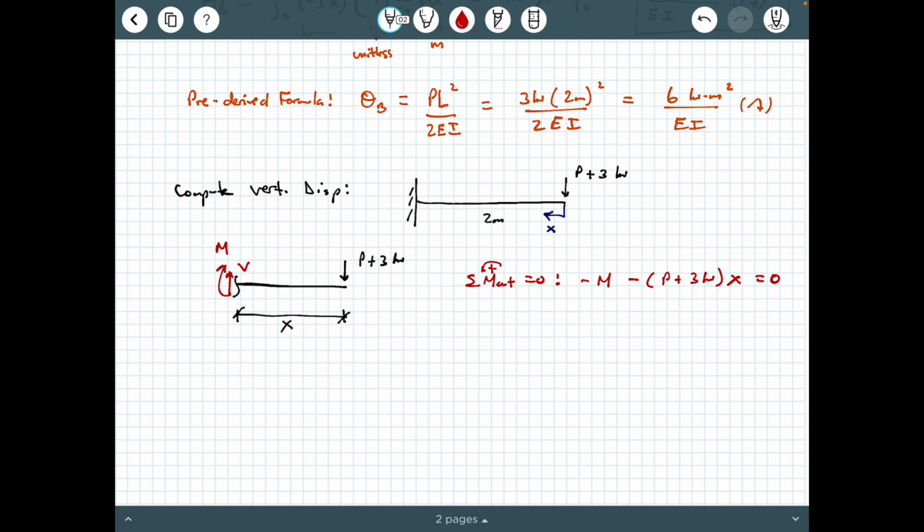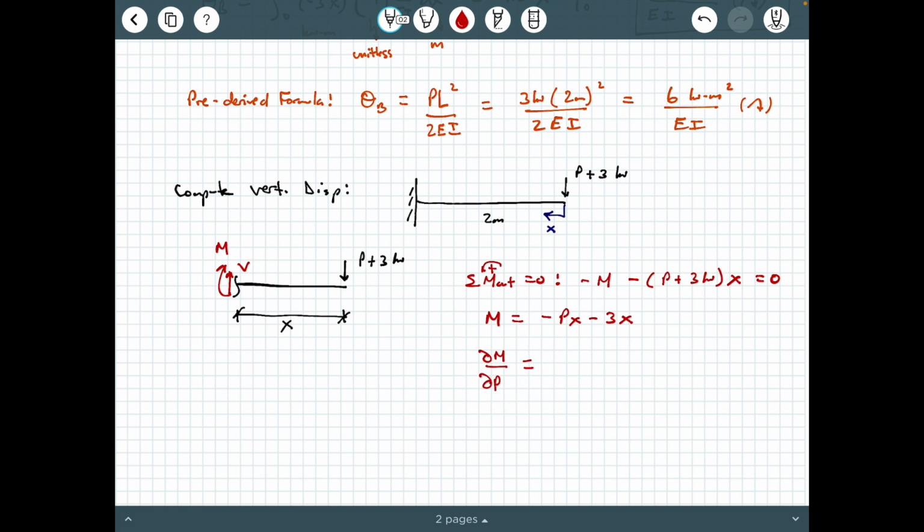All right, and you can do some rearranging and repackage this algebra however you want to. You could say minus Px minus 3x if you want to. All I did was distribute this negative sign and this x value. Now we can compute that partial derivative dM/dP.